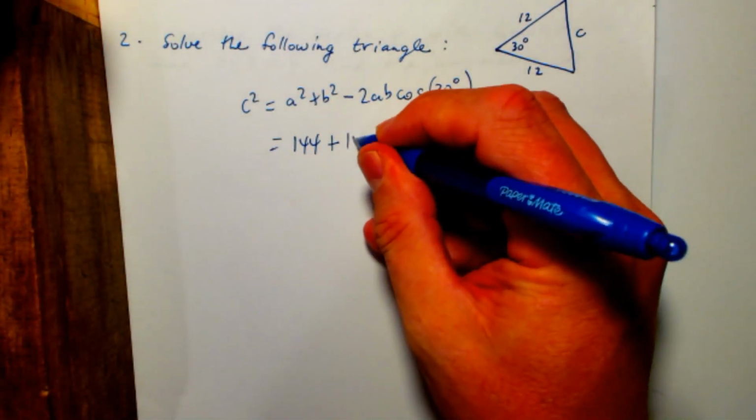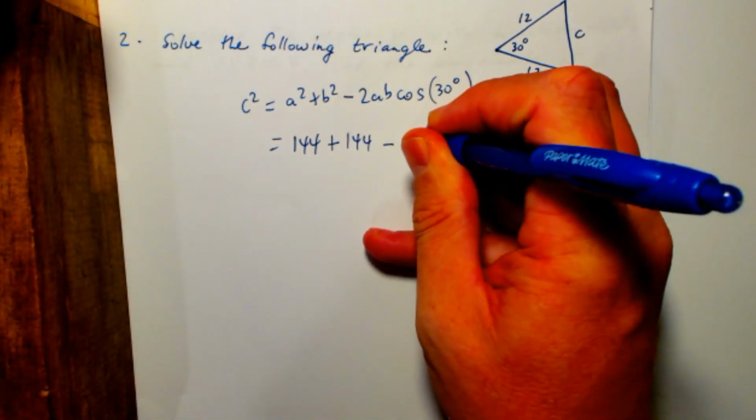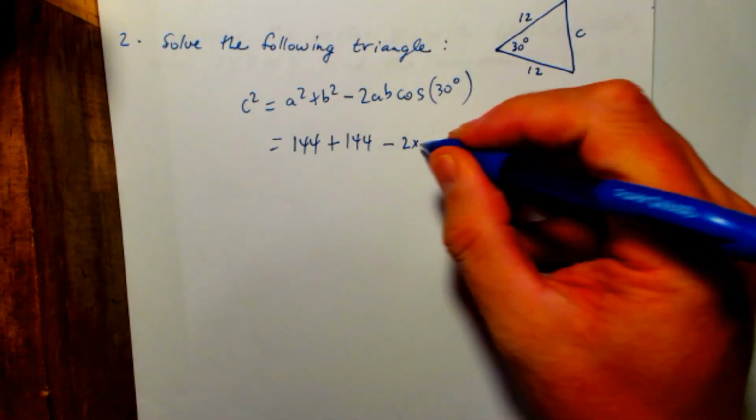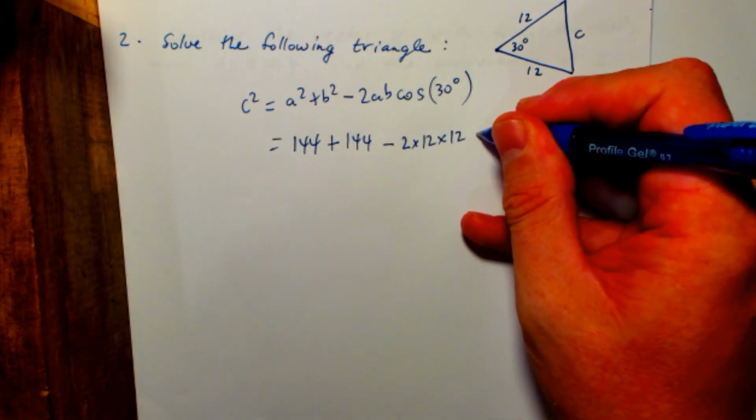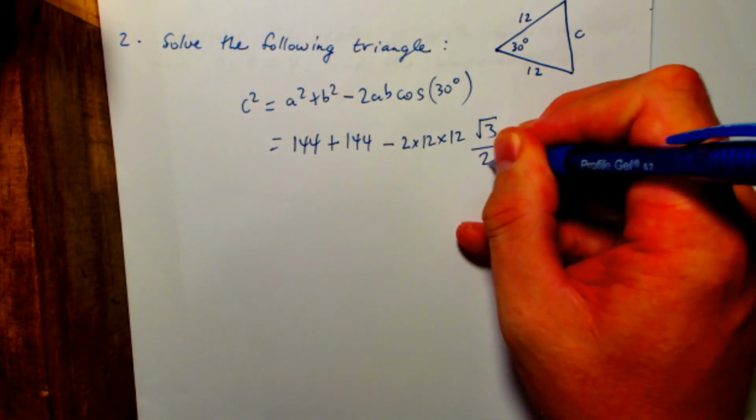Now we've got A is 12, we've got B is 12, so 12 squared is 144. Two times 12 by 12. And cos 30 is root 3 on 2.